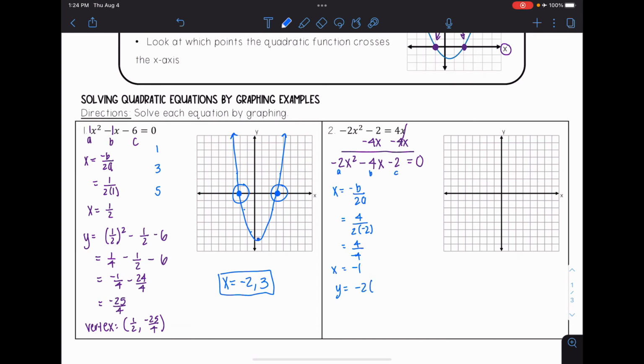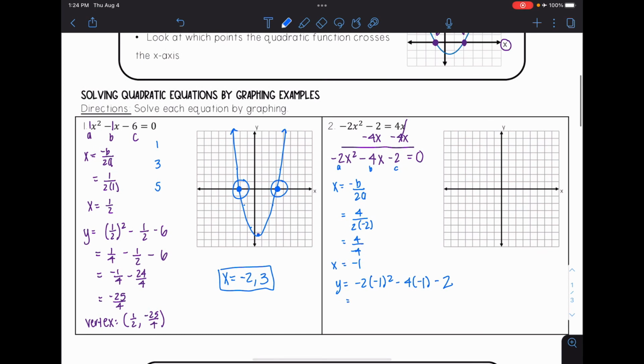So I have negative 2 times negative 1 squared minus 4 times negative 1 minus 2. Negative 1 squared is just 1, so I have negative 2 plus 4 minus 2. And so I get 0. So my vertex is negative 1, 0. So go ahead and plot that.